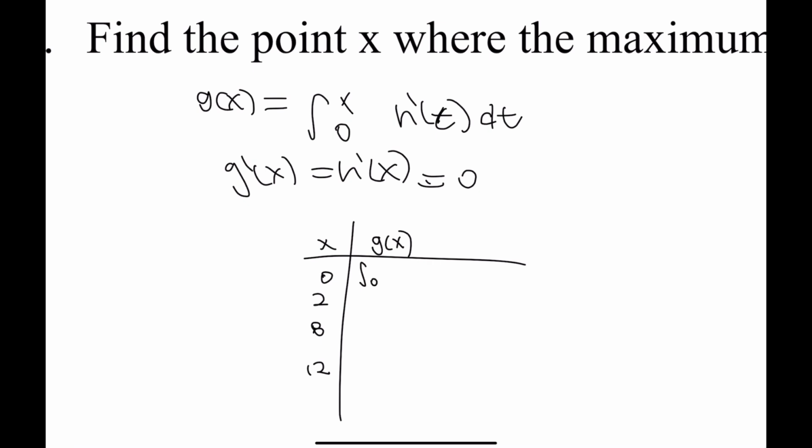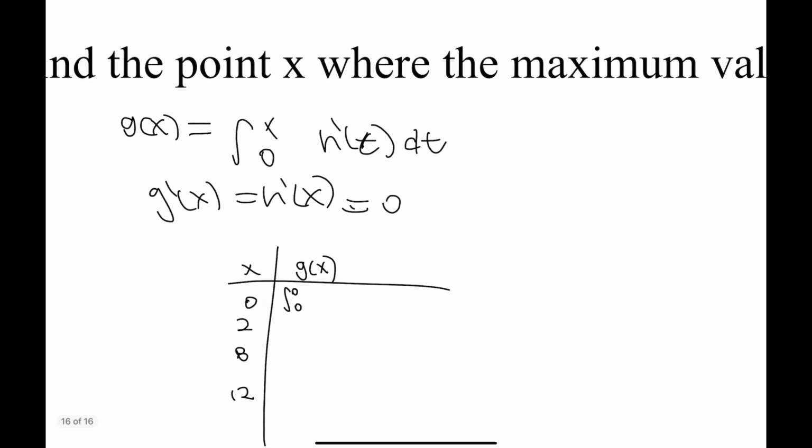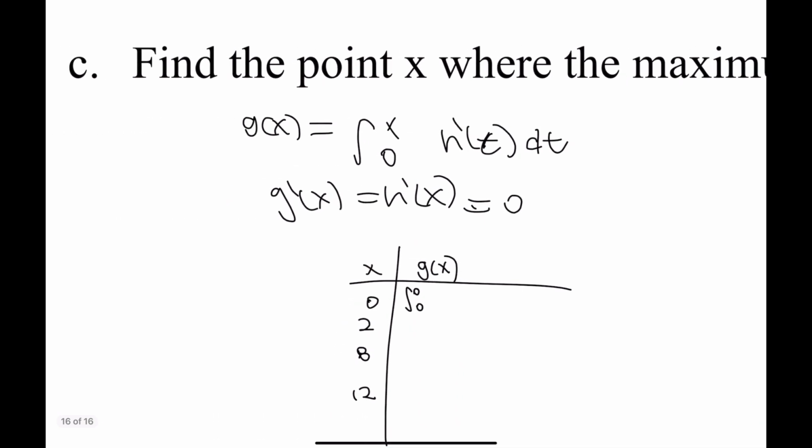From 0 to 0, the integral of h prime t dt is equal to 0, right? And then 0 to 2 of h prime of t dt, and 0 to 8, and 0 to 12.